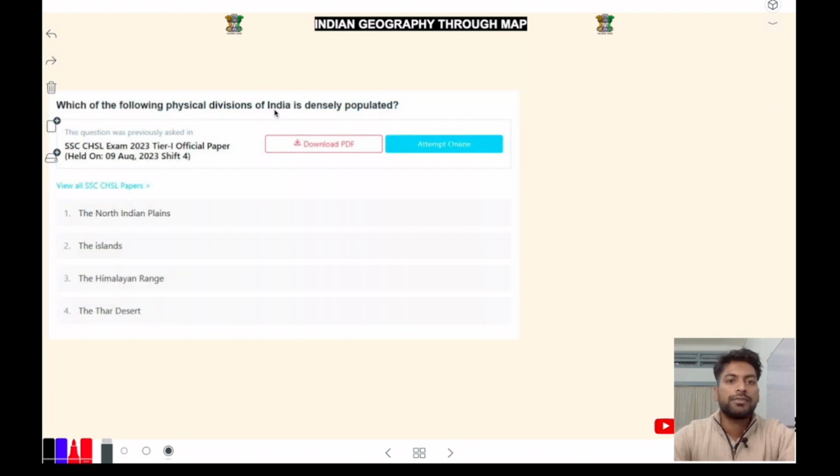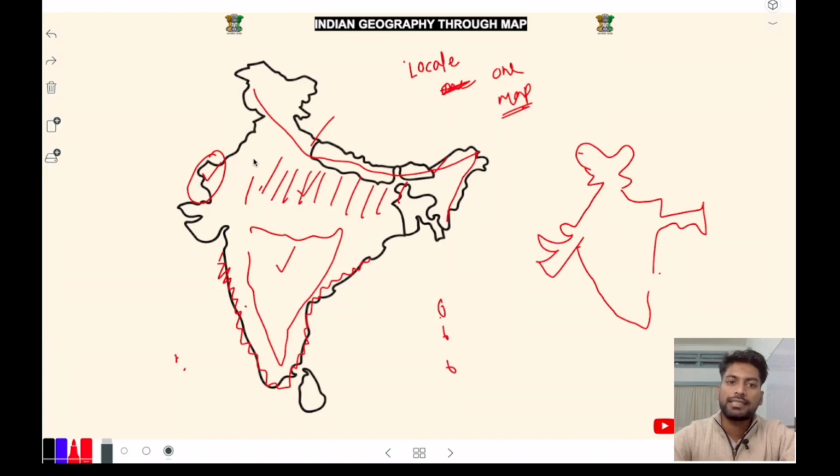Which of the following physical divisions of India is densely populated? So these are some PYQs. It will be the North Indian plain, because as you can see, people started their civilization where they could get easy water and fertile land. Here in this area 3 big, major rivers pass through: Ganga, Brahmaputra and Indus.